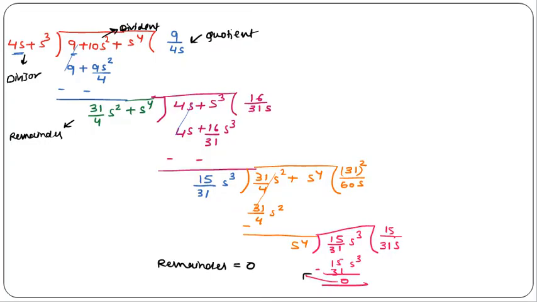Here all the coefficients are positive, so this implies that we can realize the given network using the Cauer second form, because if even one coefficient becomes negative, then it won't be possible to realize the function in the Cauer form. Now how many elements will be present in the given network?